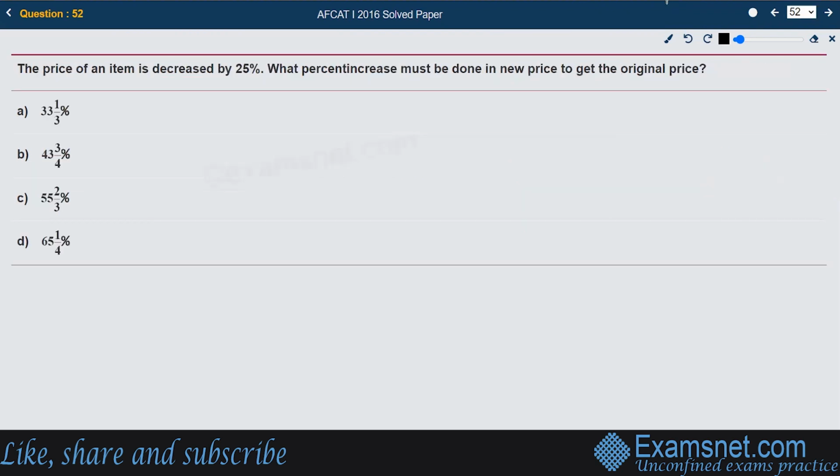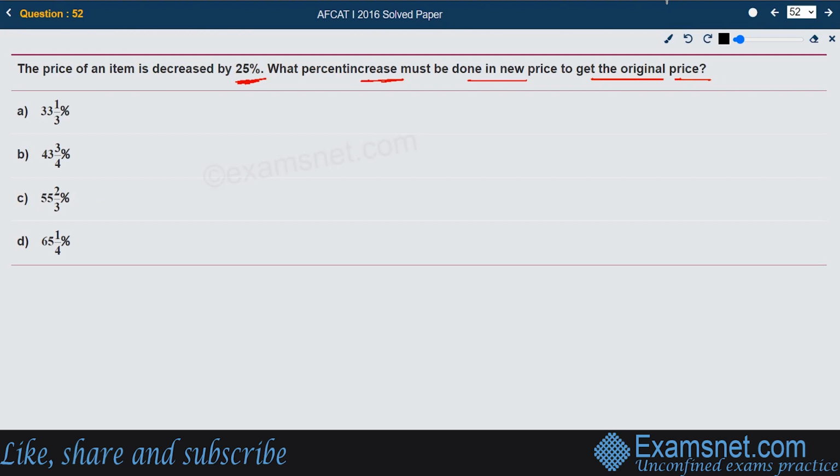Next question. The price of an item is decreased by 25%. What percent increase must be done in the new price to get the original price? So if the price of some article is reduced, what should be the increment done in the reduced price so as to receive the older value back? That can be done using a formula also.